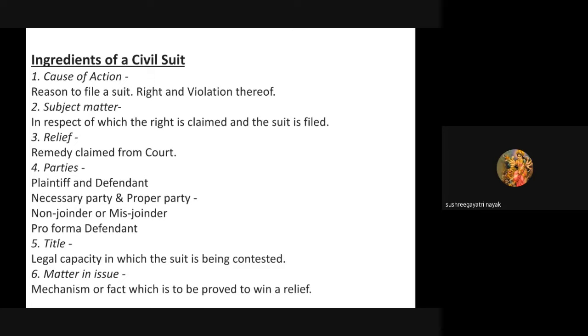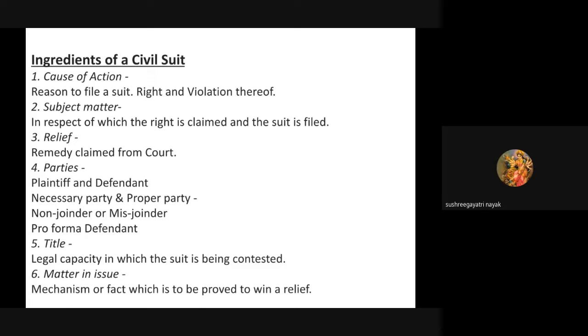Now, what is a matter in issue? This is the sixth element. That is the facts which are to be proved to win a relief from the court. For example, if I am filing for a partition, then in that case, I have to prove that I am the son of my father. So, how I am succeeding him, that I have to prove. So, this is a matter in issue.